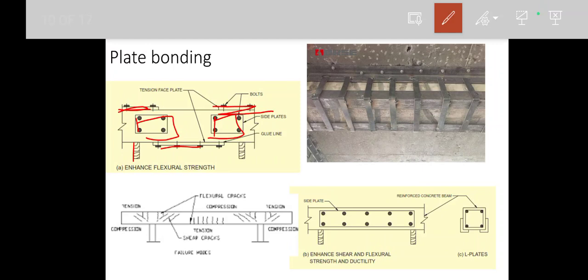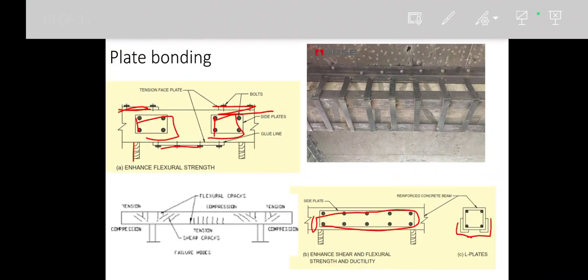If any gap is there, this technique will automatically fail. So the gap should be properly filled and bonded to the steel plate. Sometimes we can provide the steel plate uniformly, or place it at the corners, depending on the orientation we are planning, or the person involved in this process.